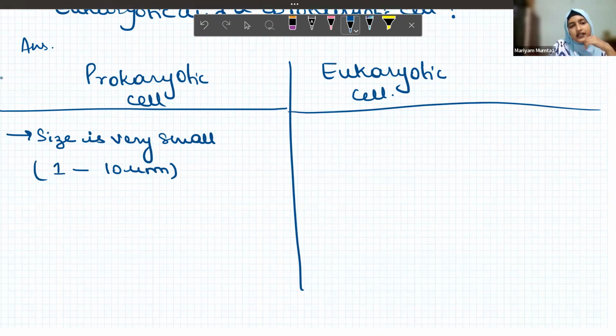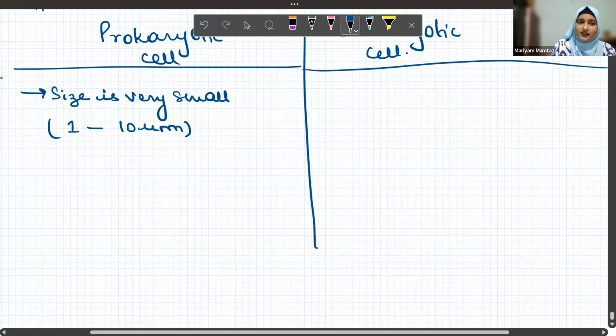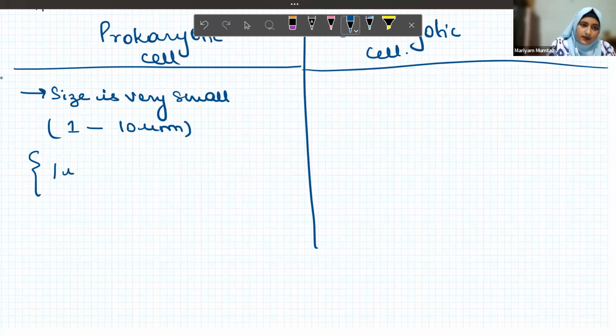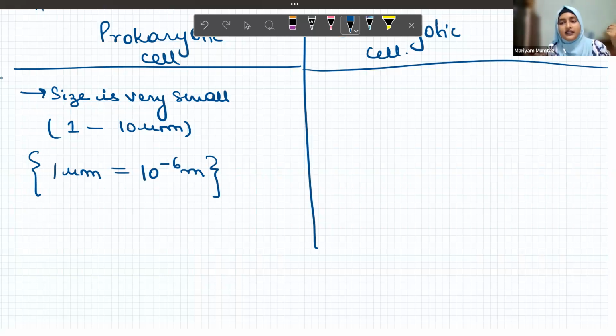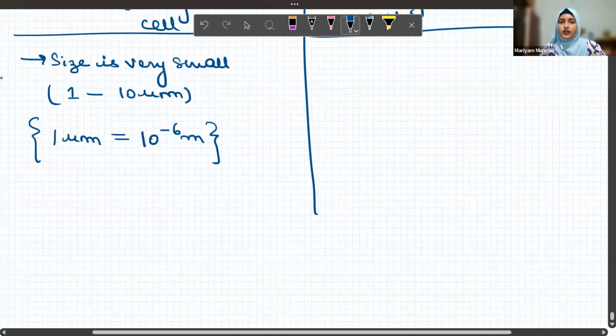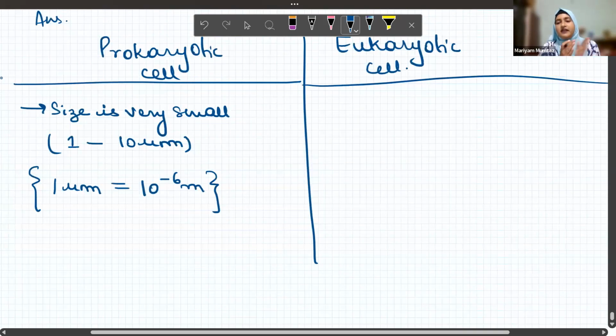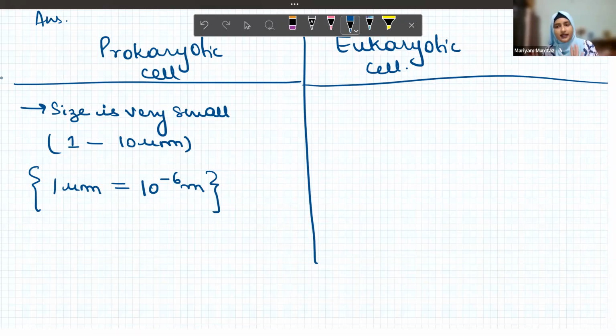And if you want to know how small 1 micrometer is, 1 micrometer is equal to 10 to the power minus 6 meter. Just imagine how tiny a prokaryotic cell is, right?